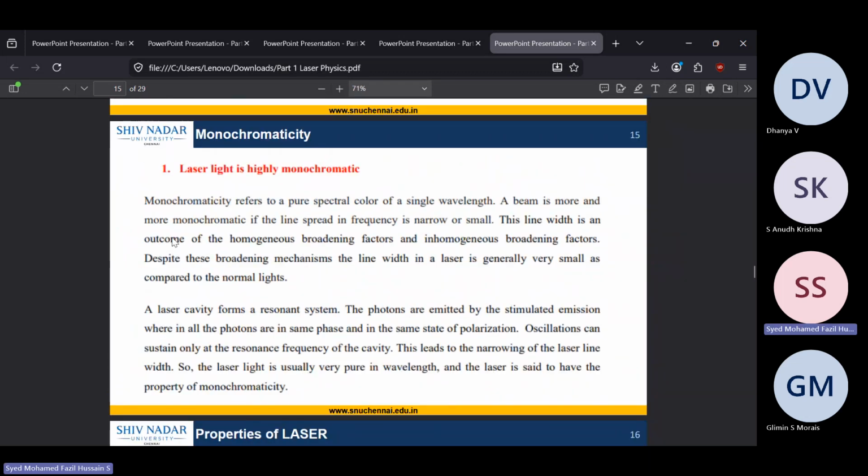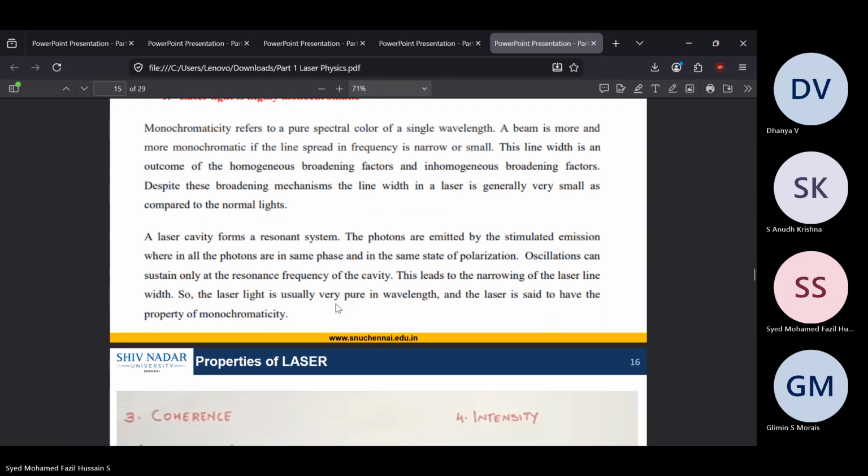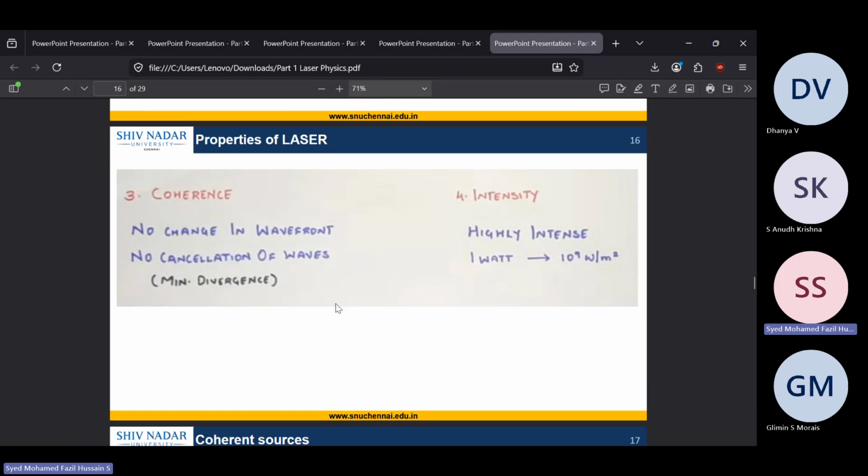As I have said, monochromaticity refers to a pure spectral color of a single wavelength. And as I have said, coherence means no destruction happens. It is highly coherent, so that the waves construct each other.